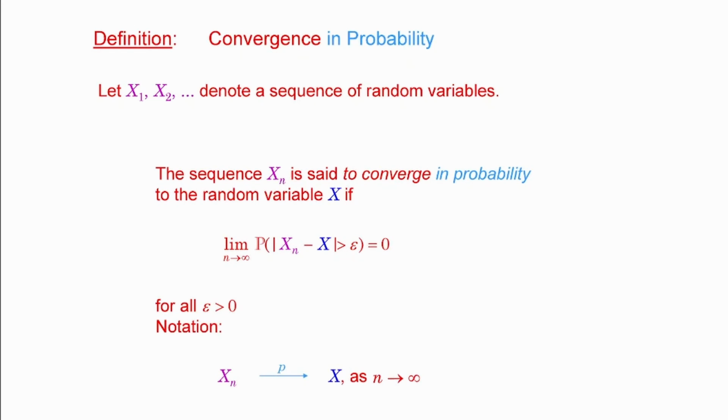We're not going to look at vectors, so why would we? So inside the absolute difference, this is the distance of the member to the limit. And the probability that the distance of the member to the limit exceeds a certain value is going to converge to 0, which means that it's going to be less and less likely as the sequence progresses.